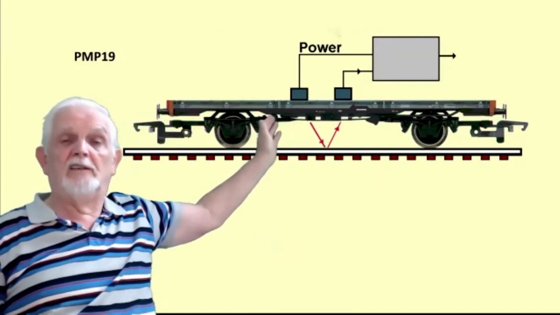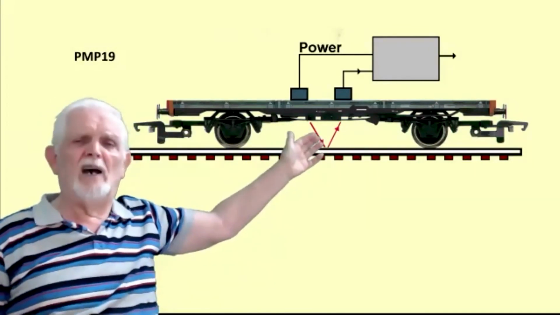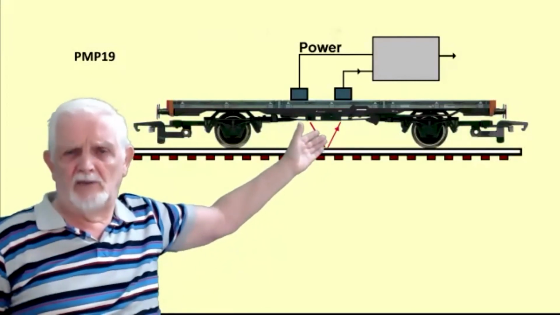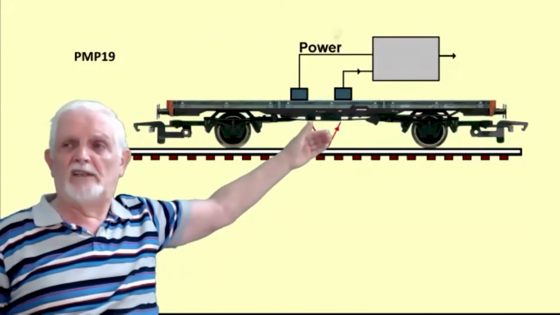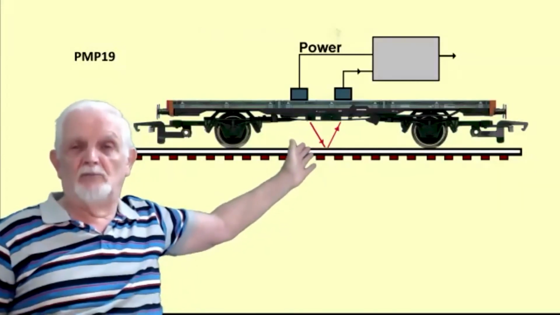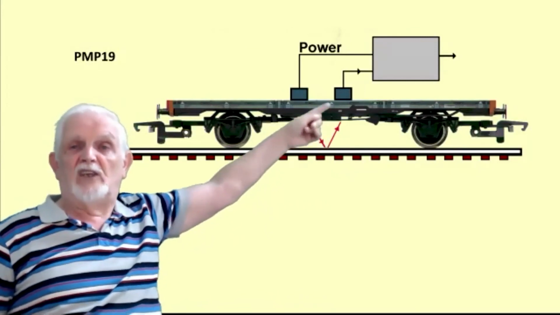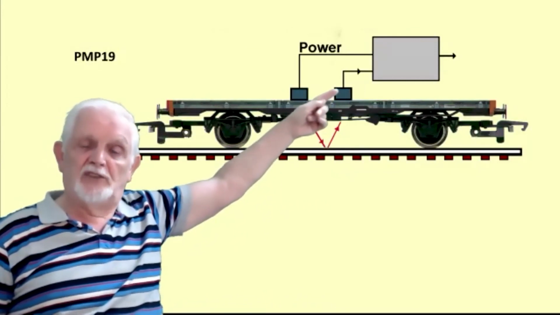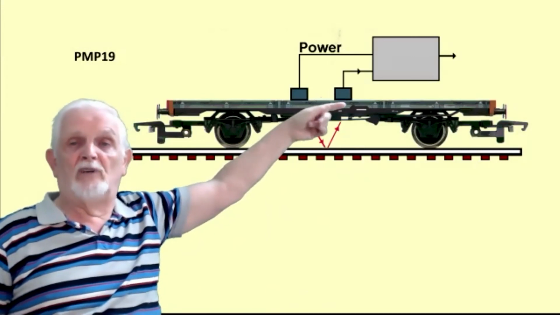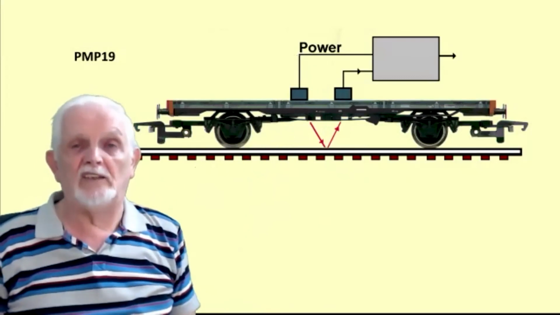But if it's moving, it's going to jump between sleeper, ballast, and it doesn't really matter whether it's concrete sleepers or wooden sleepers, whether the ballast is grey or whatever. As long as there's a difference in colour between the two, it'll know it's moving. And the detector will spot the changes in light level. If they're above a certain amount, it'll then trigger the lights inside the coach.